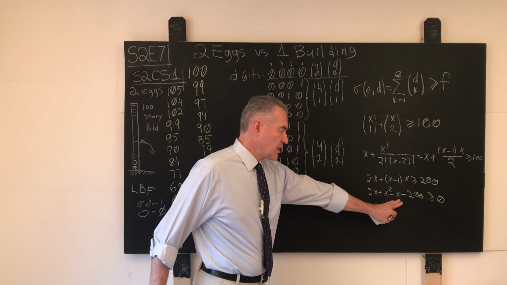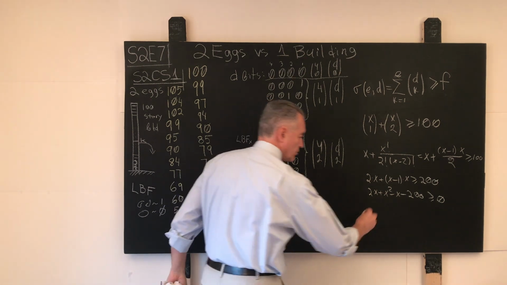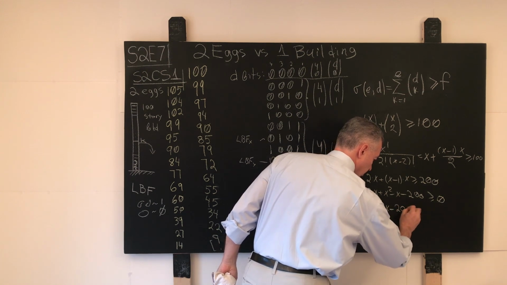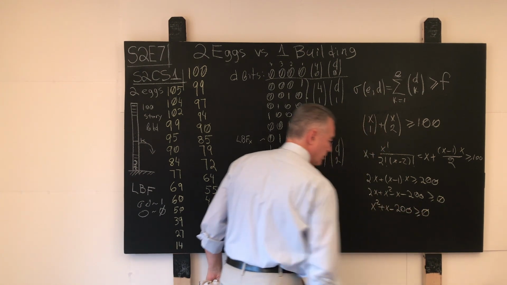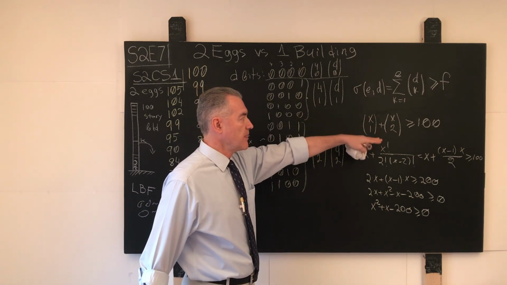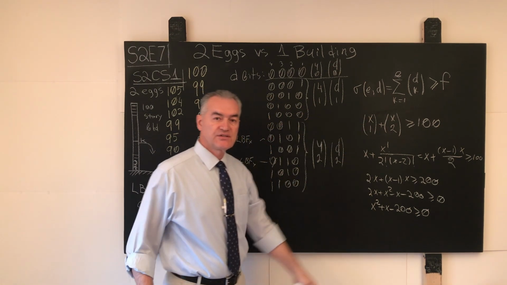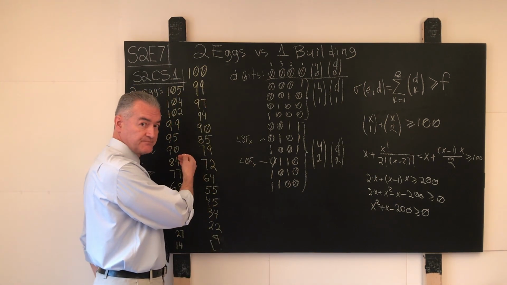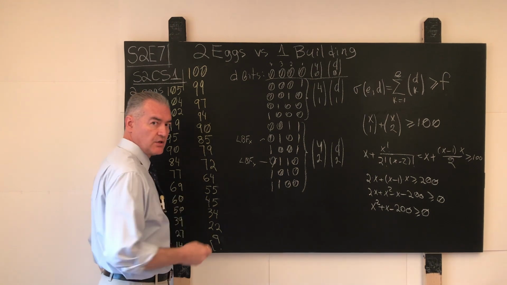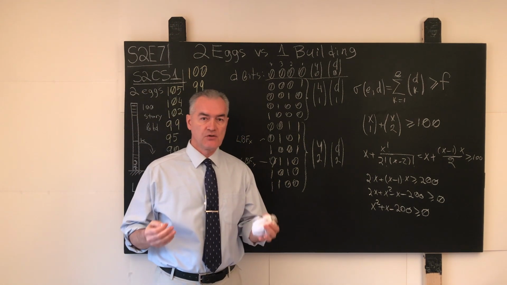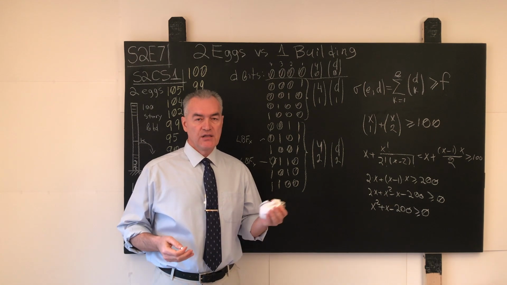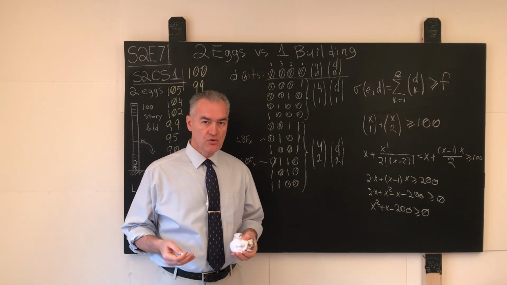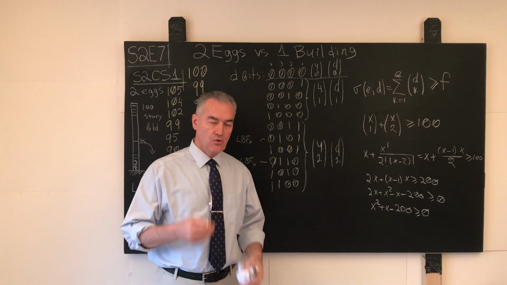2X positive and 1 copy of X negative cancel each other out, and what do we have? X squared plus X minus 200 greater than or equal to 0, and our formula magically and wonderfully reveals the same answer that we obtained previously, when we claimed that the number of drops needed for the testing correlates to the height of the building in the following way: the total sum of the first n, or 14, whole positive numbers must sum to at least the height of the building.